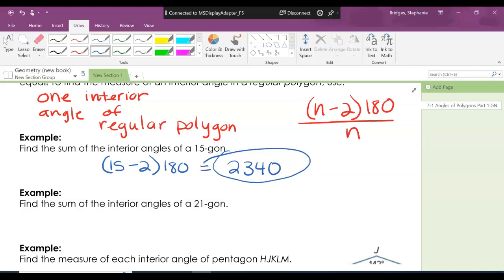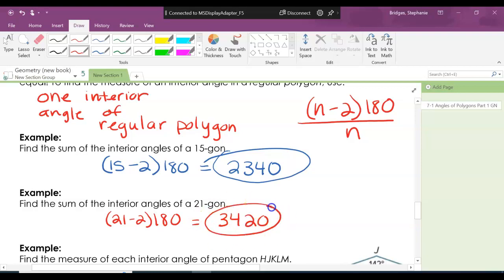Am I looking for just one or all? All. So we're going to use the formula n minus 2 times 180. What is n in this case? 21 minus 2 times 180 is going to give me a total of? Yep, 3,420.